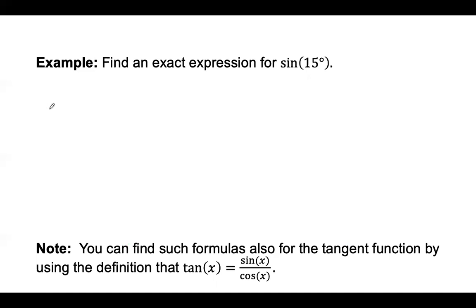So again, what are we going to do? What is our u and our b going to equal to get 15? The question we ask ourselves, because we don't know the sine of 15. So what would we choose? So we can write 15 degrees as 45 degrees minus 30 degrees.